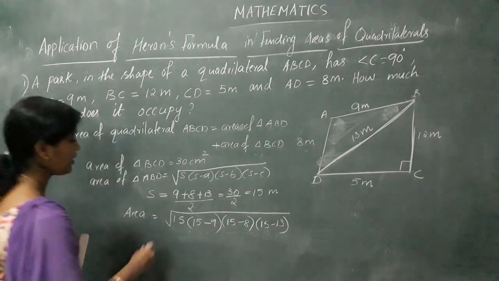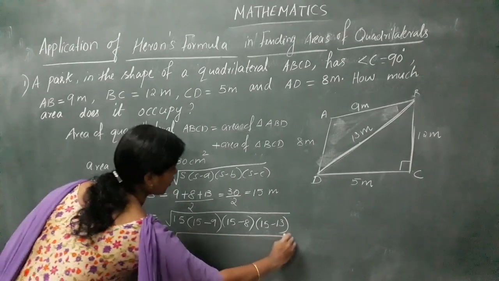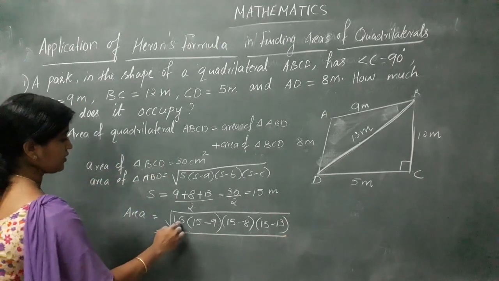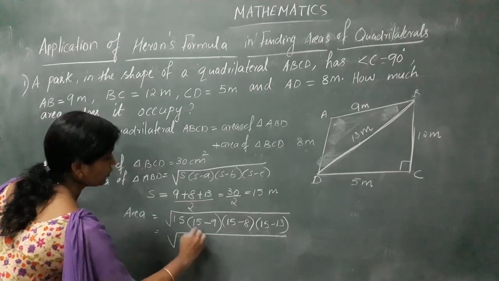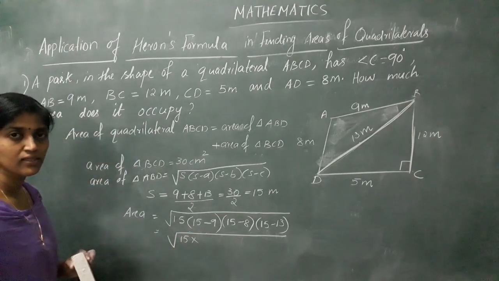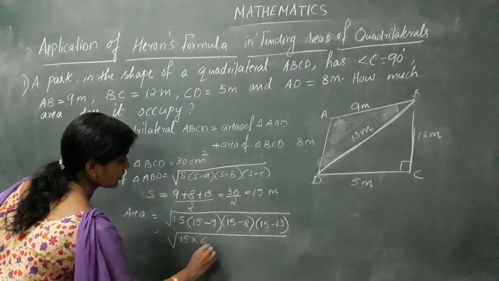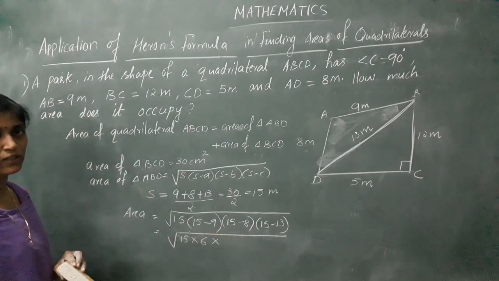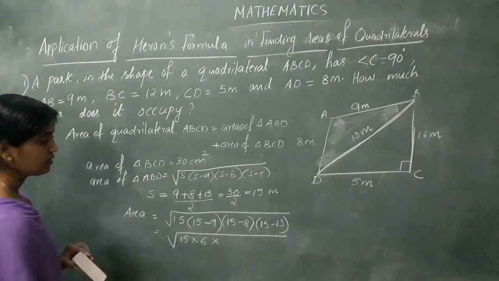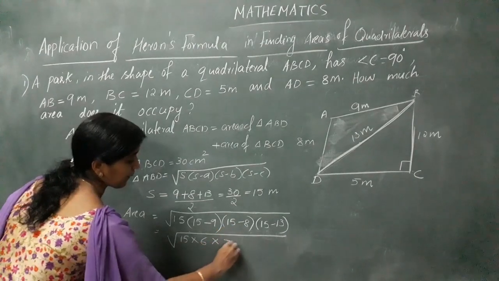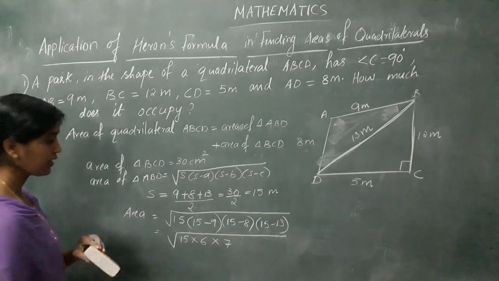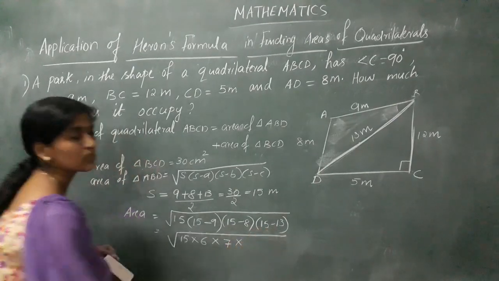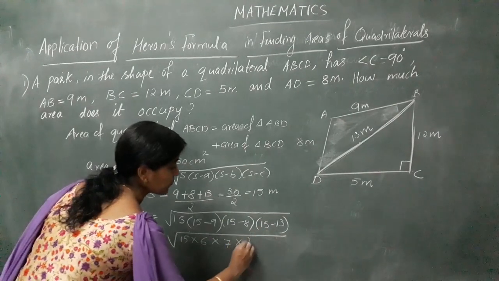So we get here area is equal to root of 15 into 15 minus 9, how much is it? 6. Then 15 minus 8, how much is it? 7. Isn't it? Next, it is 15 minus 13. How much is it? It is 2.